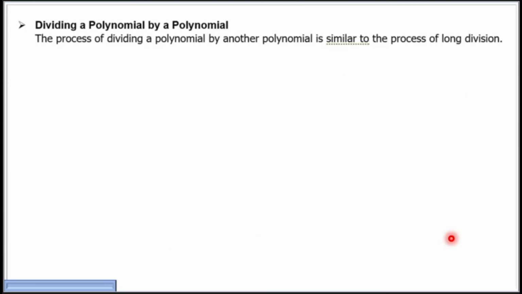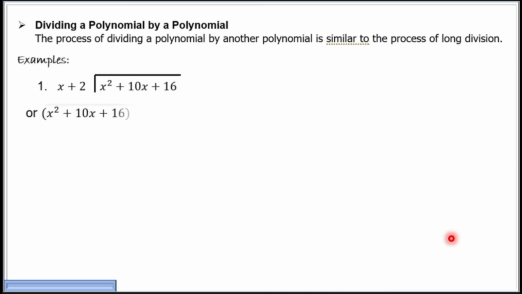Dividing a polynomial by a polynomial. The process of dividing a polynomial by another polynomial is similar to the process of long division. Long division atong magamit ani, pwede pod og synthetic division, but in this case, we discuss long division method. At least ma-practice po na to. Okay.